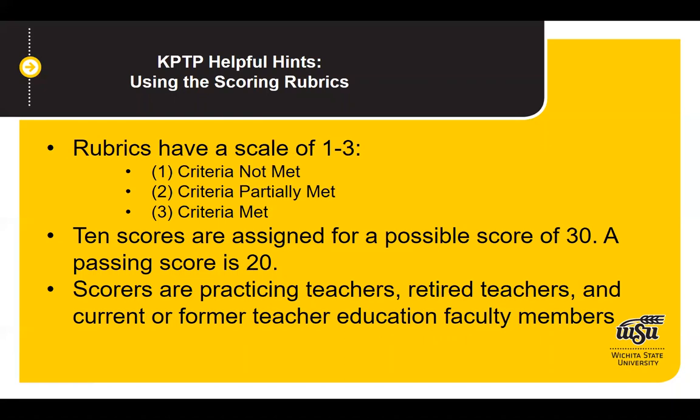You must have a passing score of 20 in order to pass. You will have 2 scorers who will be scoring you on your portfolio. The scorers are practicing teachers. They're retired teachers. They are current or former teacher education faculty members. They're current people who are in the field of education.